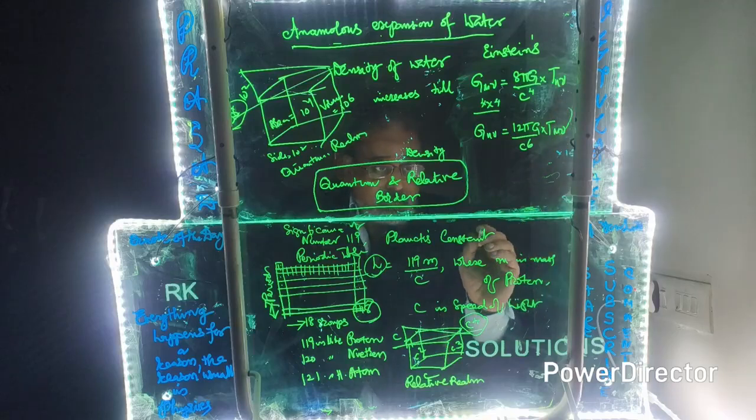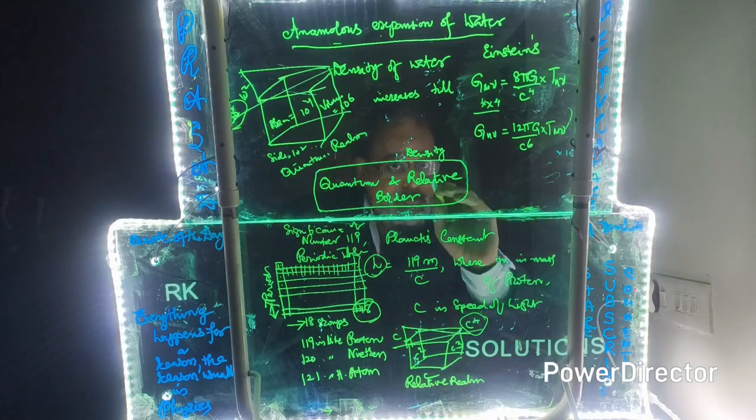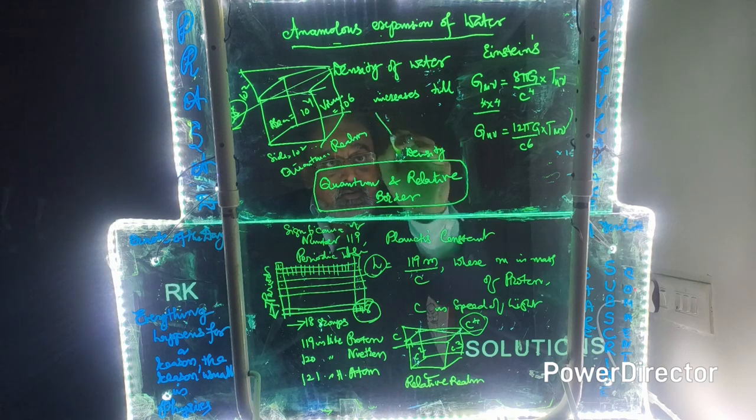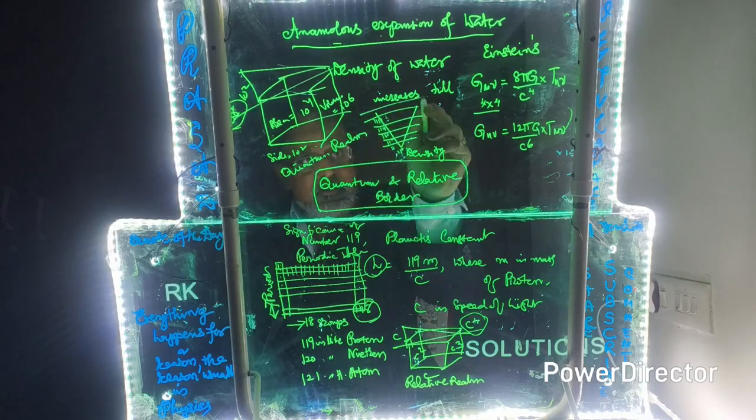Why I'm telling you, why I explained a lot of times. Why? Because you take Pascal's terms, let's say this is 11 raised to 0, 11, 11 square, 11 cubed, 11 raised to 4, 11 raised to 5, 11 raised to 6.